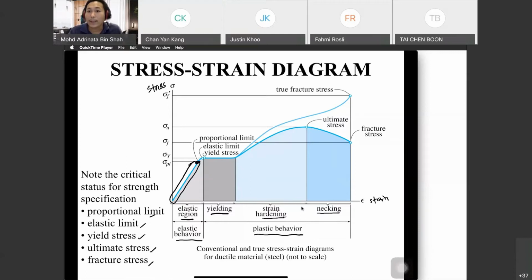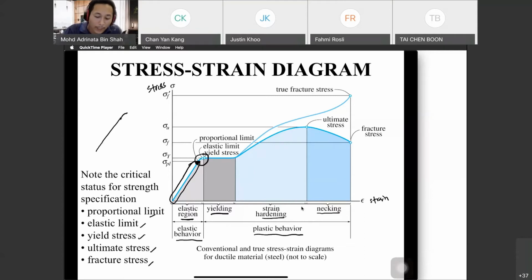After that limit, it will behave differently. So let's say this one you have the elastic region, and then after the proportional limit, it will go like that.